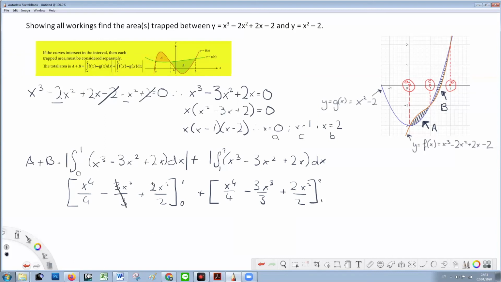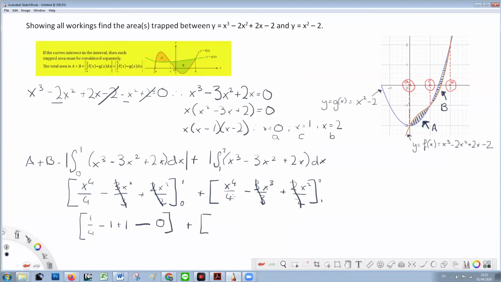Now that's just going to go to 1, that's going to go to 1, that's going to go to 1, and that's going to go to 1. So I would be left here with 1, this will be a quarter, minus 1 plus 1, they're obviously going to cancel, minus 0, this algebra will be 0.